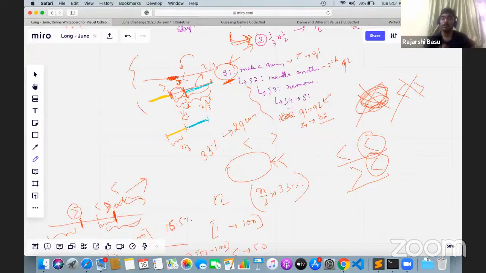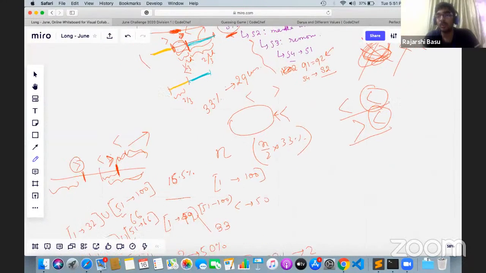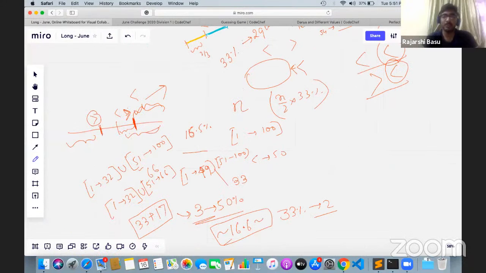But you can show, and I have given a brief formula in the editorial, that it's approximately 33%. In the worst case also it's approximately 33%. So this, I think, gives you around 100 queries, which was enough to pass the best subtask.